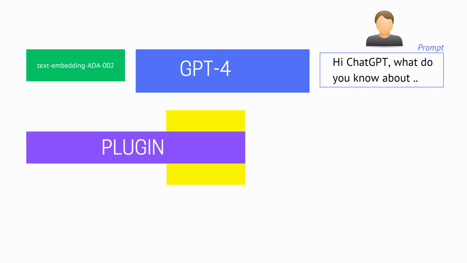And this is now the text embedding ADA 002 model. This is our embedding machine. This is our GPT-4 machine, if you want. So you have now two different distinct models from OpenAI that we're going to use, plus the OpenAI plugin.